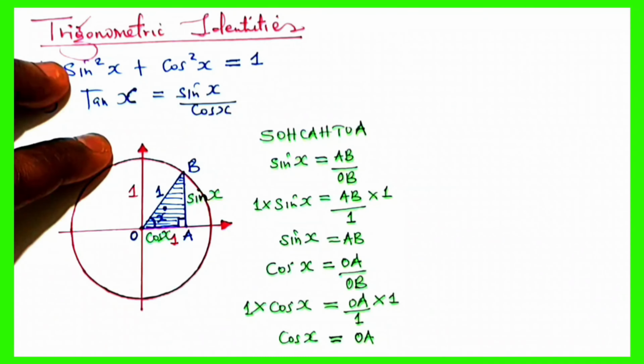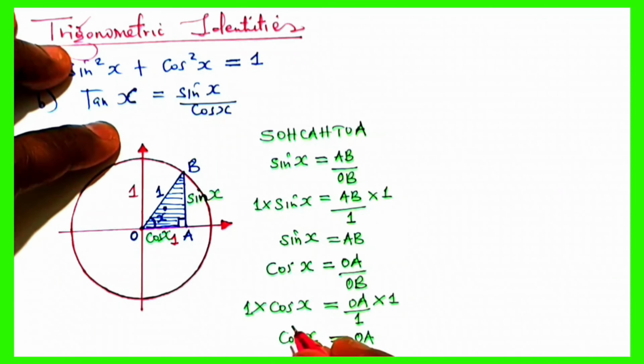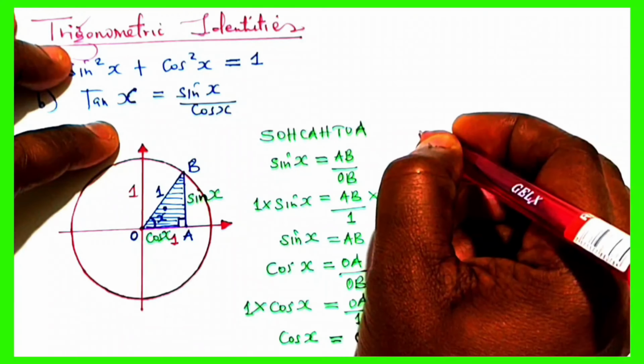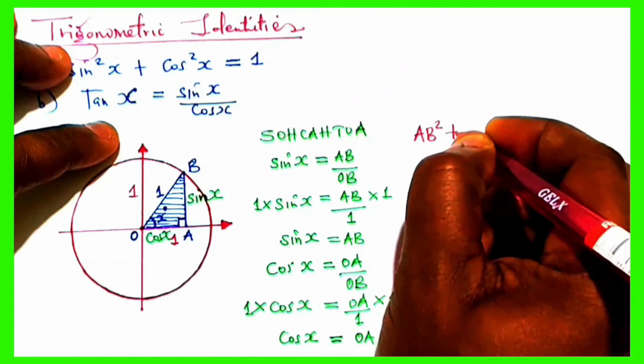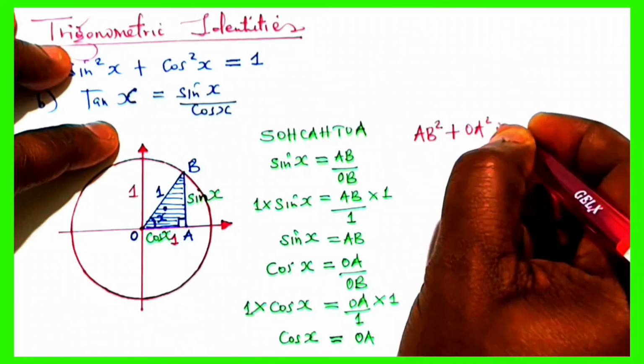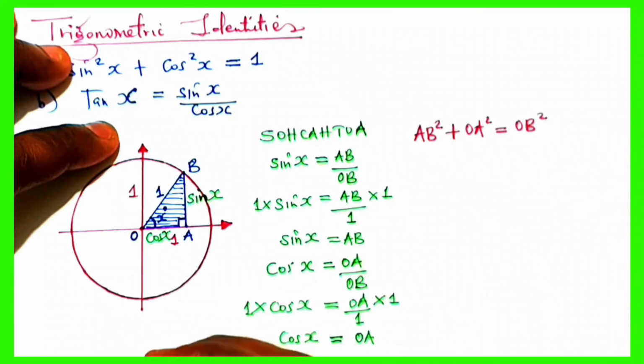Therefore, considering the second law as far as a right angle triangle is concerned, which is the Pythagoras relationship, we are going to say that AB squared plus OA squared will be equal to OB squared.